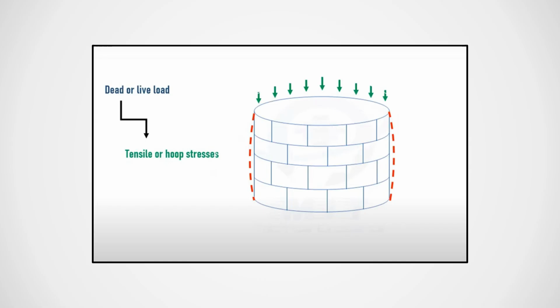Then the dead weight and live weight, which I already explained, will create vertical load and hoop stress. This is called tensile hoop stress. Due to dead weight and live load, the tank is subject to hoop stress or tensile stress.